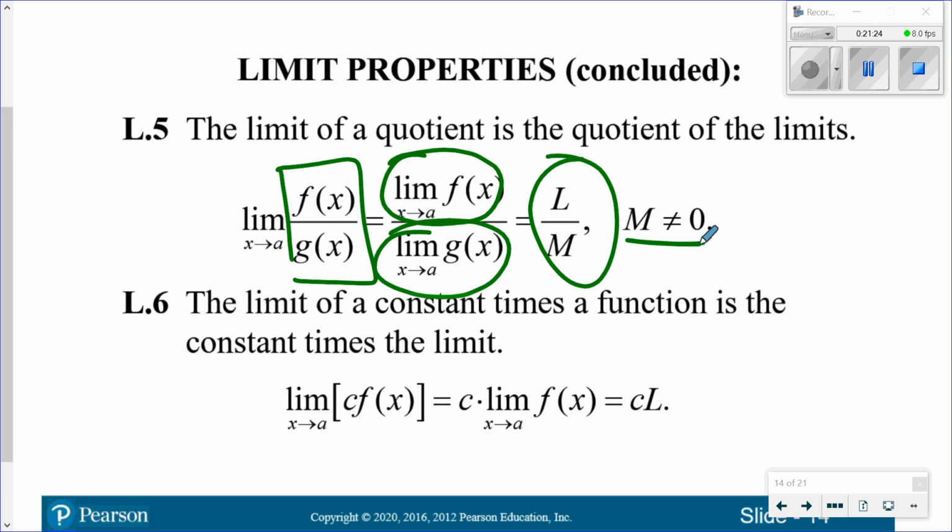Now remember that only works if my denominator is not 0. And the final one is the limit of a constant times a function is the constant times the limit. So I can pull this constant out in front here, take the limit of the function, and then multiply those two things together.